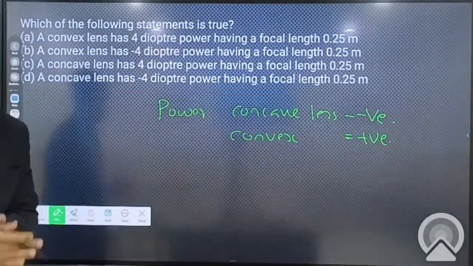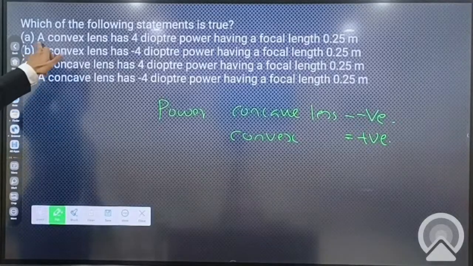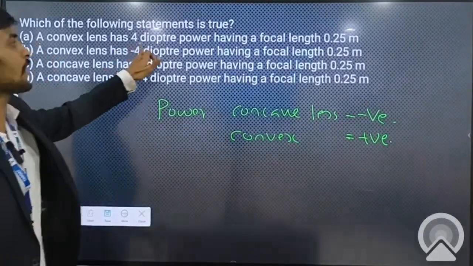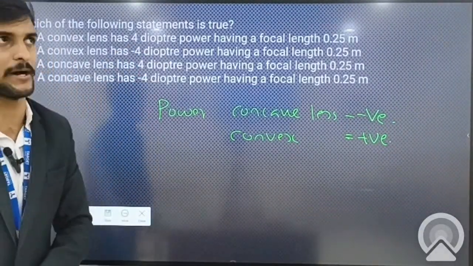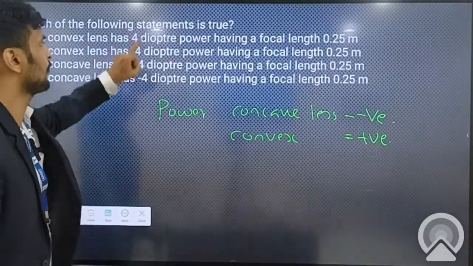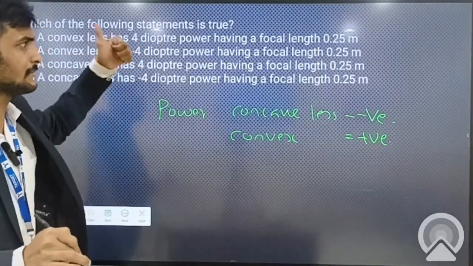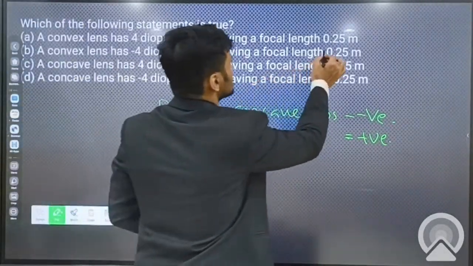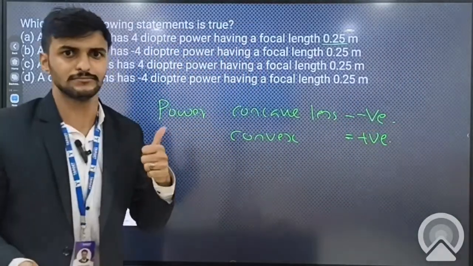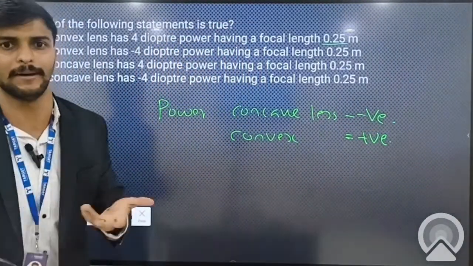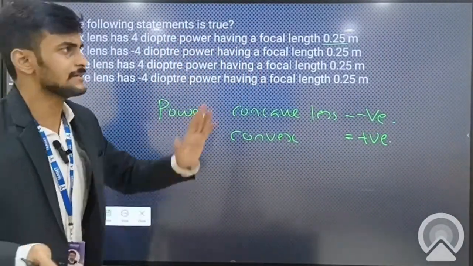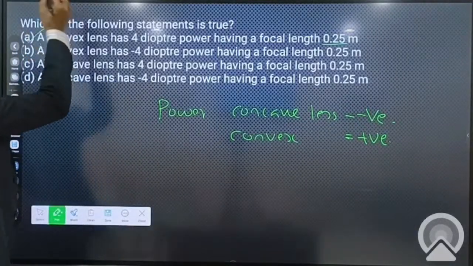Okay, I gave you the hint. Now, a convex lens has 4 diopter power, so it is positive. That's correct. And it has a focal length 0.25. That's okay, because P equals 1 by F. So it's correct.